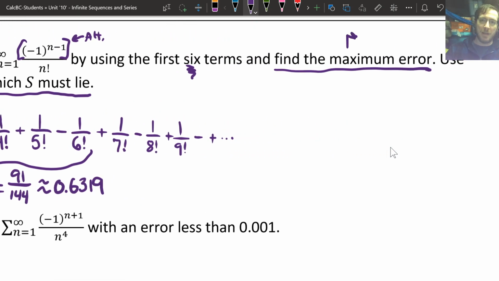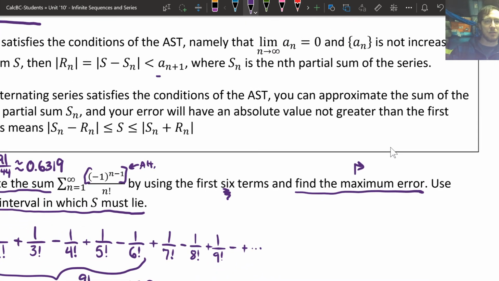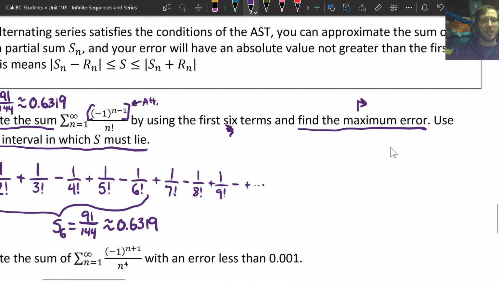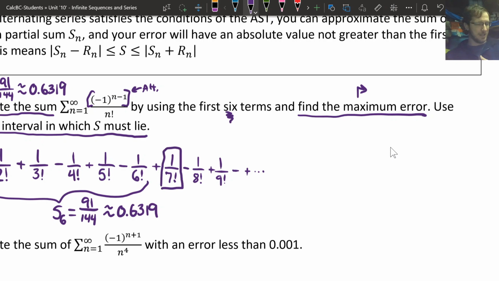Well, that maximum error, according to this, is the next term. Not our next sum, but just our next term. So looking at our sequence here, our next term is 1 over 7 factorial. So that's the maximum error.